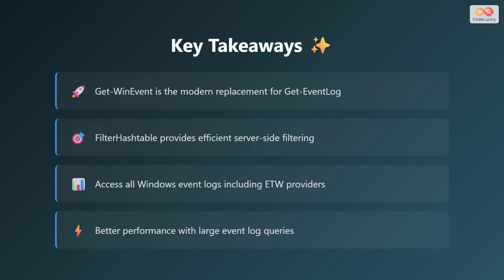Third, Get-WinEvent gives you access to all Windows event logs, including modern Event Tracing for Windows providers that the old cmdlet couldn't access. Finally, it delivers better performance overall, especially when querying large event logs or filtering by specific criteria. Mastering Get-WinEvent is an essential skill for effective Windows system administration.